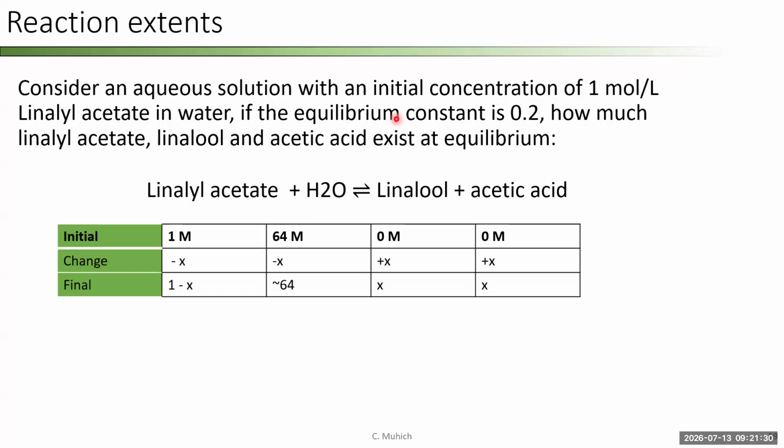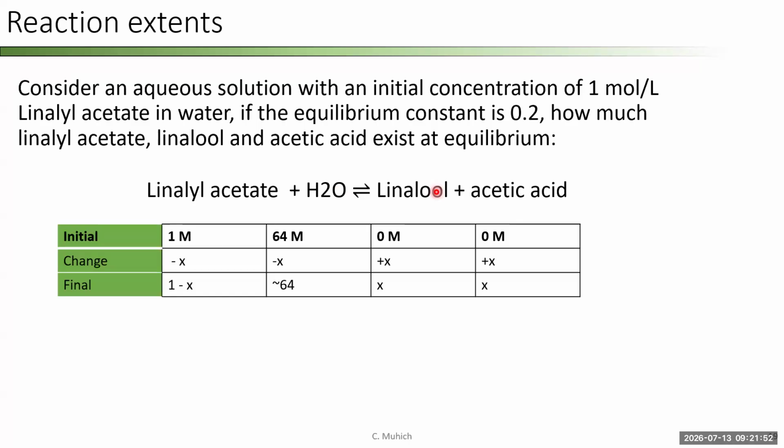If our equilibrium constant is 0.02 and we've got all this extra water, some of this linalool acetate is going to form linalool and acetic acid. So we want to know how much of this reaction, which is undesirable, is occurring.